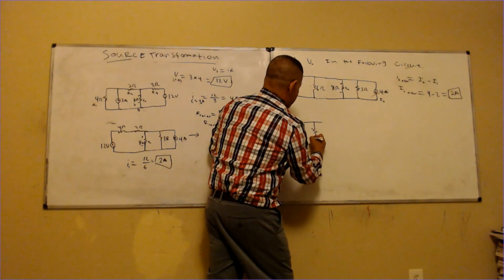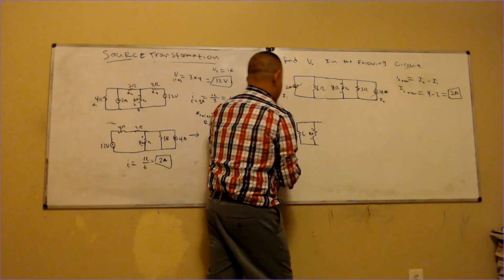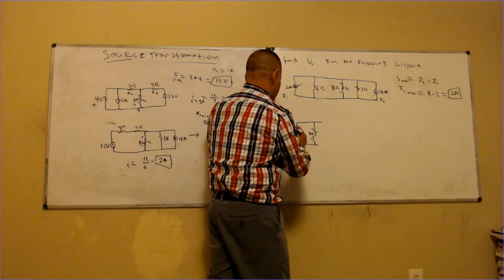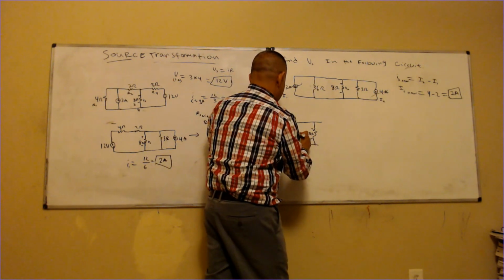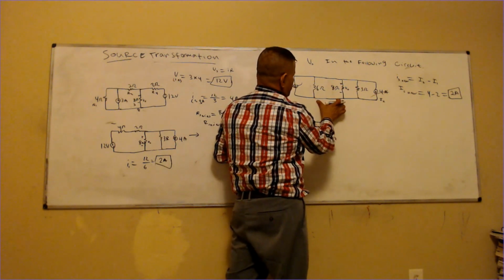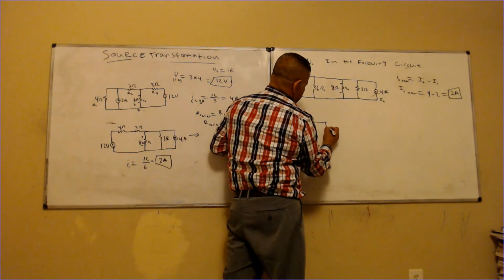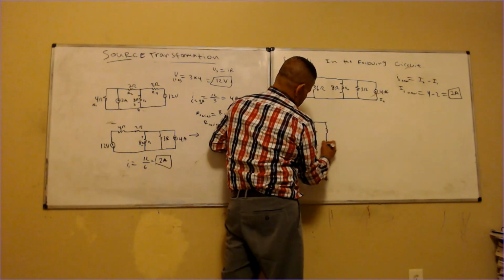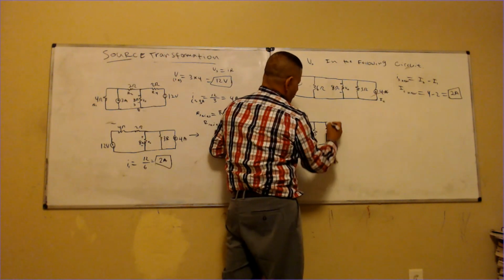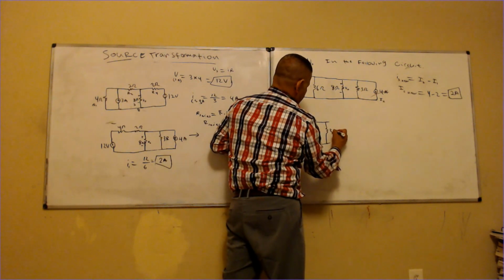So plus and minus, and it's going to be 8 ohms, right? So over here is 8 ohms, 6 ohms, 8 ohms, right? Plus, actually, and then that 3 ohm resistor that is hanging right here, right?